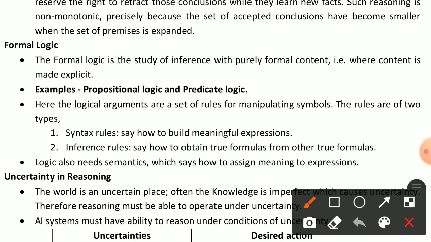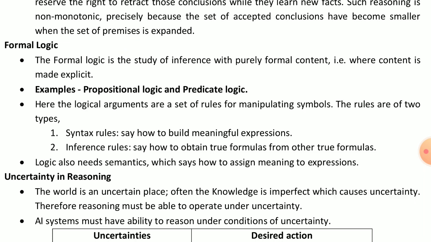Now second is formal logic. Formal logic is the study of inference with purely formal content. In formal logic, we use pure formal content for equations, where the content is made explicit.